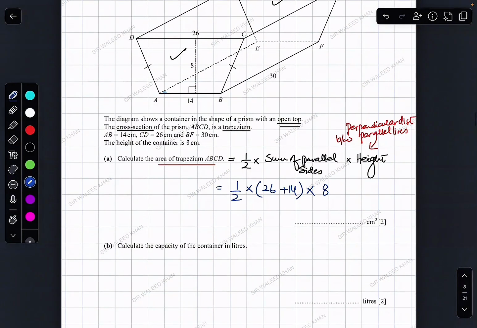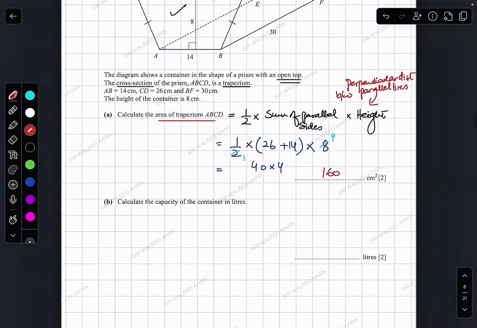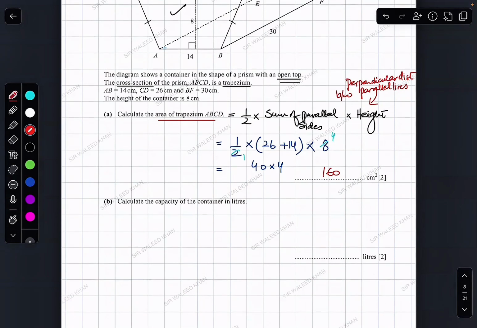We can cancel this out. 4, then we have 30, 40. So 40 times 4, that is 160 centimeters squared. Now, calculate the capacity of the container in liters.